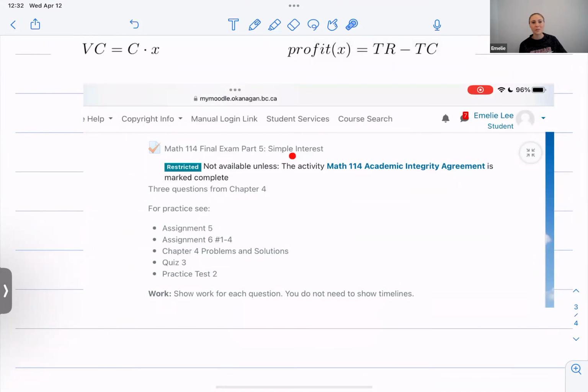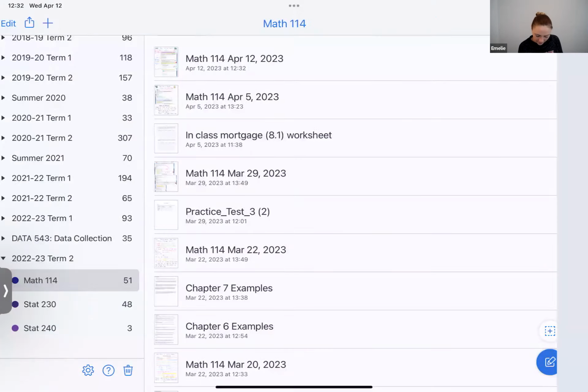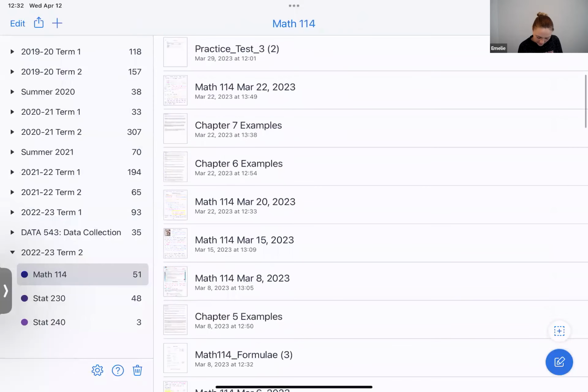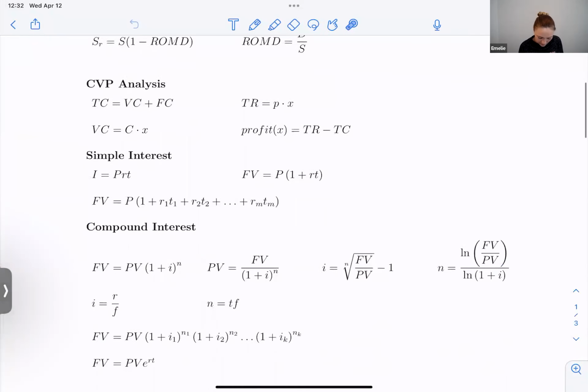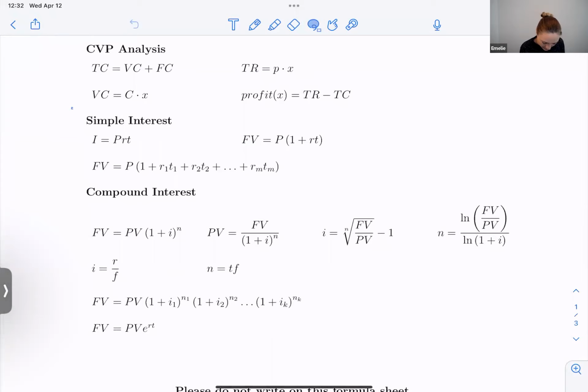Remember, we quickly moved on to compound interest, but simple interest is where we learned a lot of our skills, like making timelines. We use the days between dates calculator. We did some fun things for simple interest, okay? And so on our formula sheet, we were here.